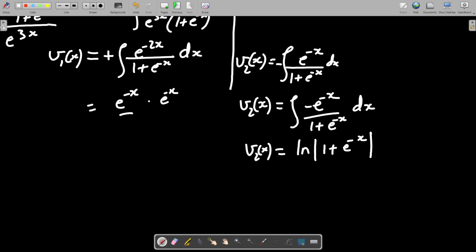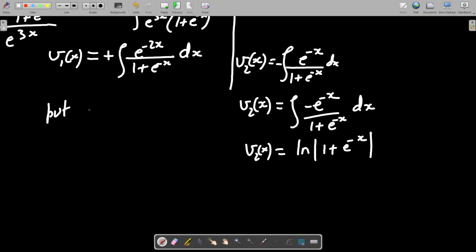We can't use product rule or something here, because that is not going to take us anywhere. See, if you try to put e raised to minus x as t, right? Let us try that then.